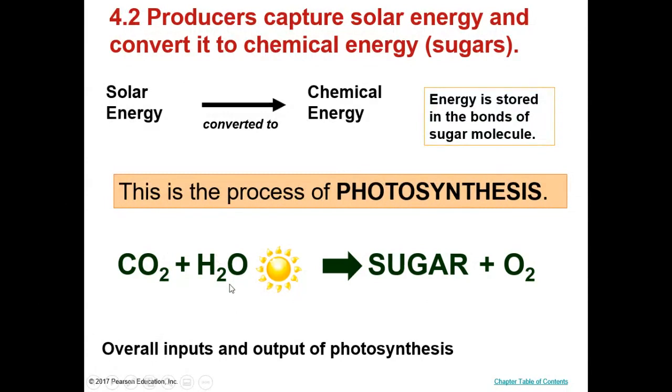Now, plants also require water. We should know by now that water is actually absorbed from the soil using the plant's roots. And then sunlight obviously comes from UV radiation from the sun, or any source of light that you expose your plants to.